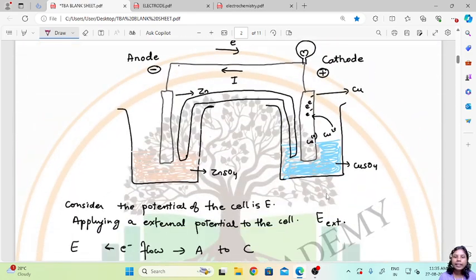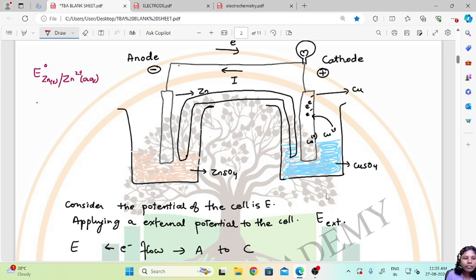Okay. So now same thing, if I have to write for the above equation, that is this one, how will I write it? See, we have E naught will be equal to what? Here, subscript we have to write it as Zn is undergoing oxidation and it is going from Zn(s) to Zn2+, that is the aqueous form.